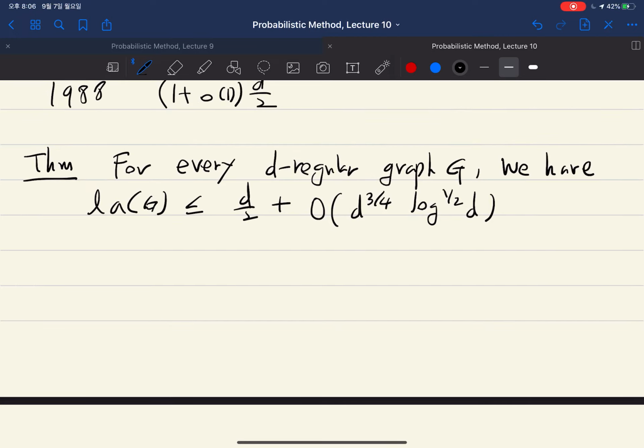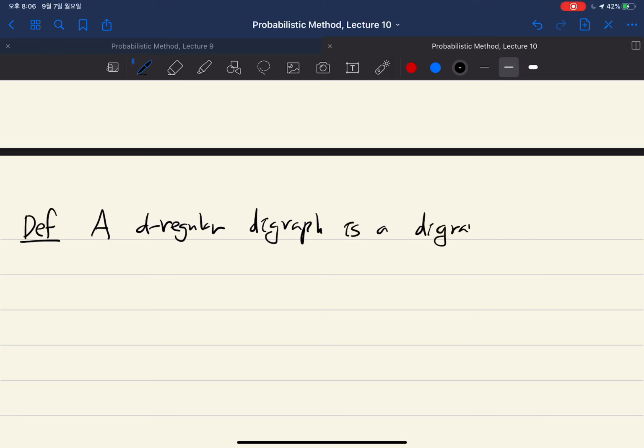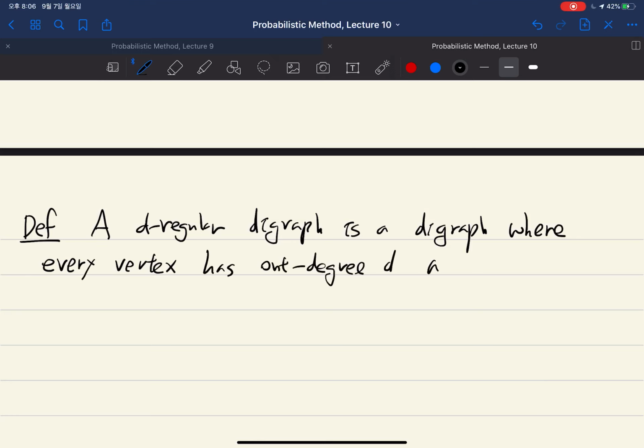In order to make some analysis easier, let's prove the directed version of this. We say a regular digraph is a digraph where every vertex has out-degree d and in-degree d.